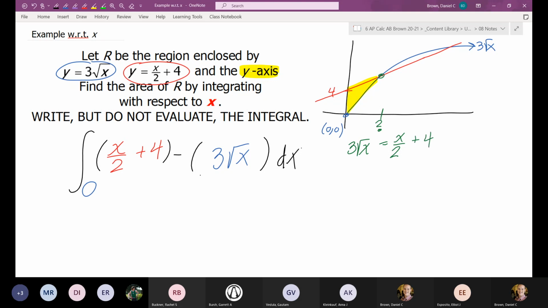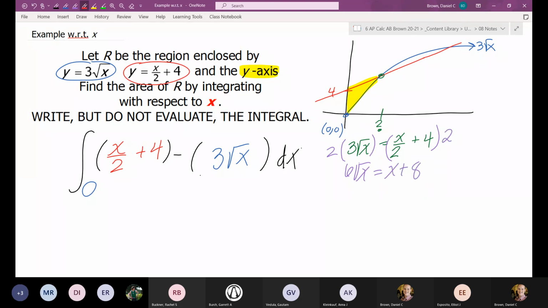Not the friendliest looking equation to solve. What makes it unfriendly? The square root and the fractions, but we can get rid of those. If I want to get rid of that fraction, what can I multiply both sides by? 2. Again, make sure you multiply both sides by 2. So that's 6 times the square root of x, which is equal to x plus 8.